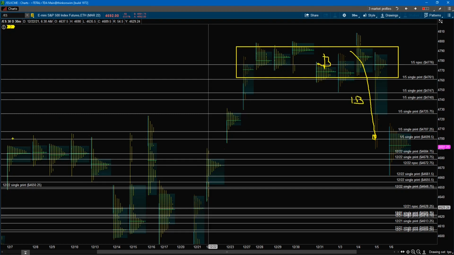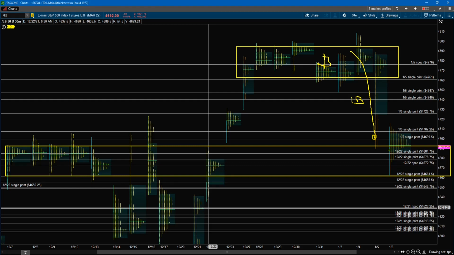So now we are looking to find balance, and we say one of the possibilities is this area for balance. And this right here, where this single print is, this single print here, and also this naked point of control, or the virgin point of control.